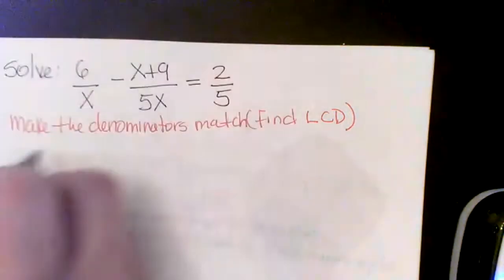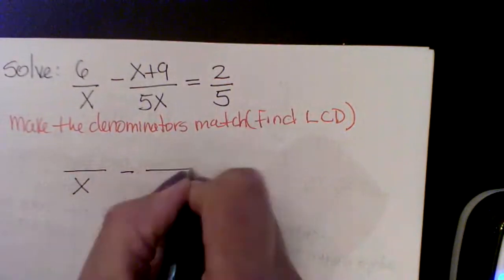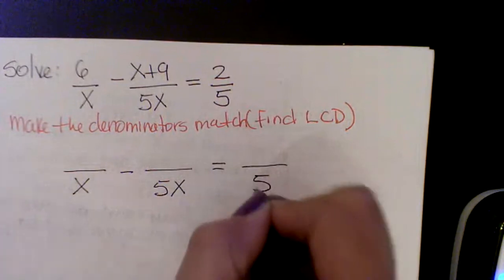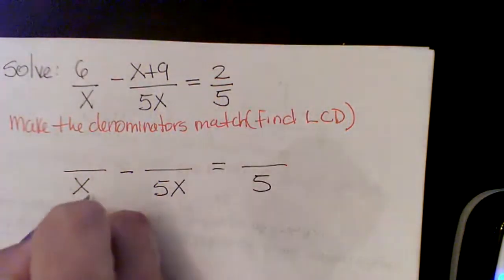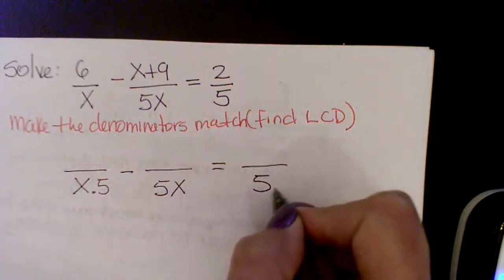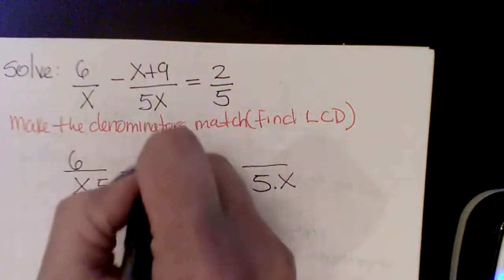Let me write down the equation again. This one needs a 5, right? And this one needs an x.